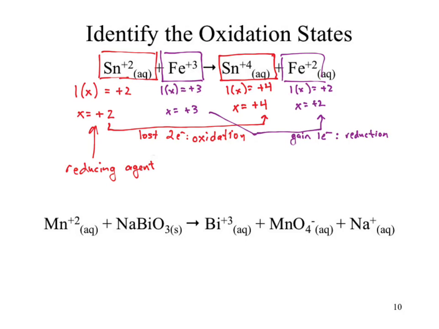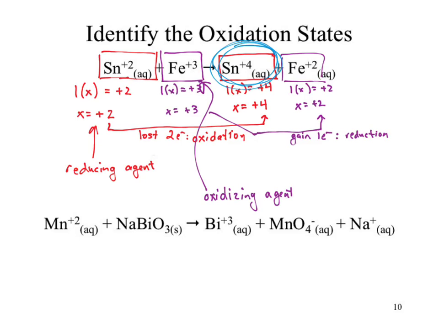So if the tin plus 2 is a reducing agent, what is the iron plus 3? An oxidizing agent. What is the tin plus 4? So there's our tin plus 4. And yes, this is a trick question. It's a product, that's it. It doesn't get any special terms. Why not?